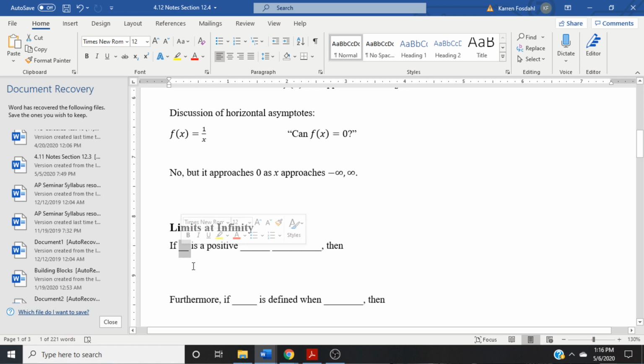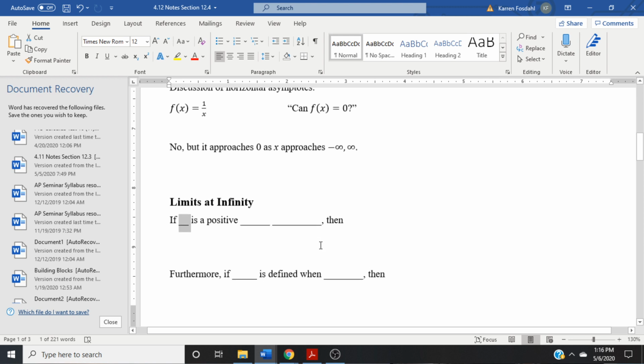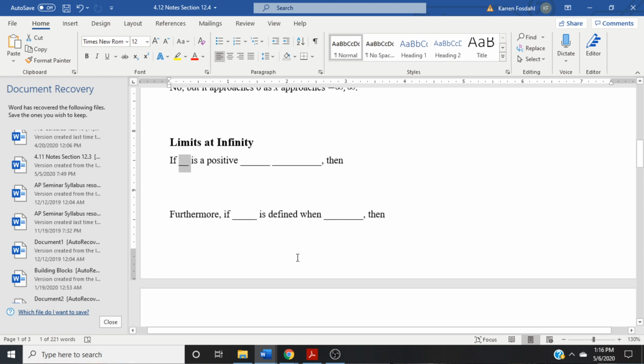I don't know. Okay, here is a helpful definition.